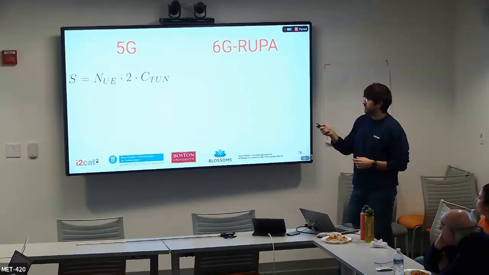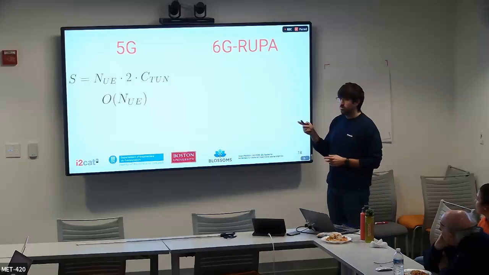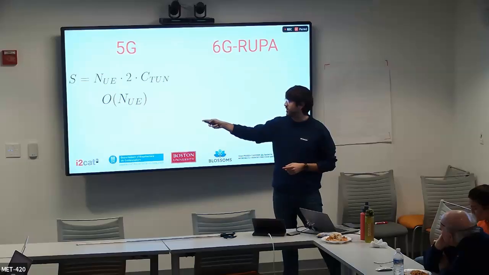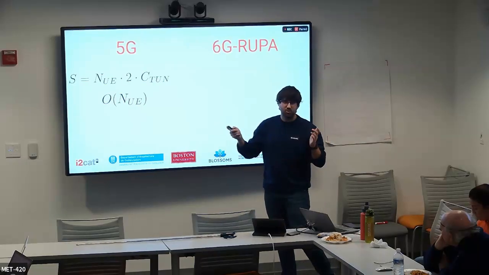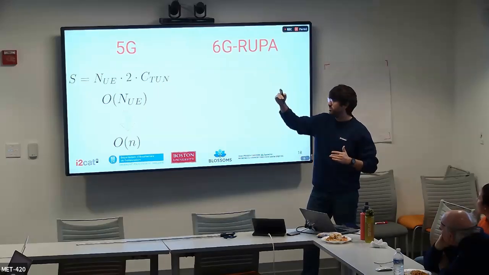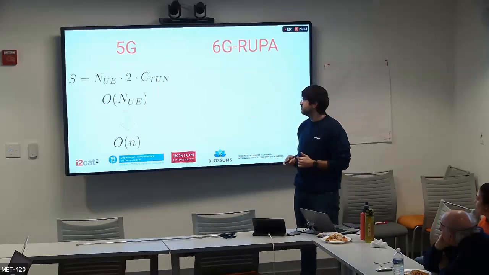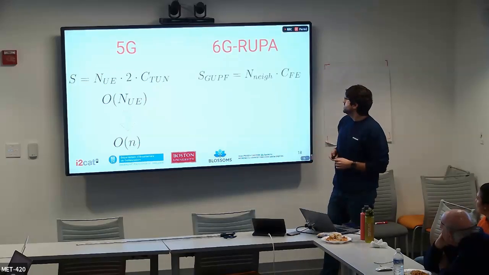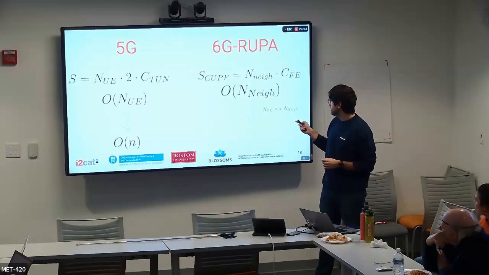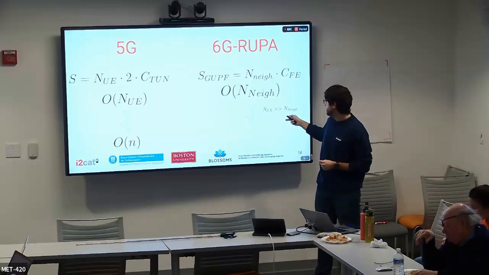in 5G, that's the expression. The complexity of the expression grows with the number of users. If we put this in big O notation, which is the standard, the complexity is O(n). It grows linearly with the number of mobile phones. And in 6G-RUPA, it depends on the number of neighbors. The number of UEs is way bigger than the number of neighbors.